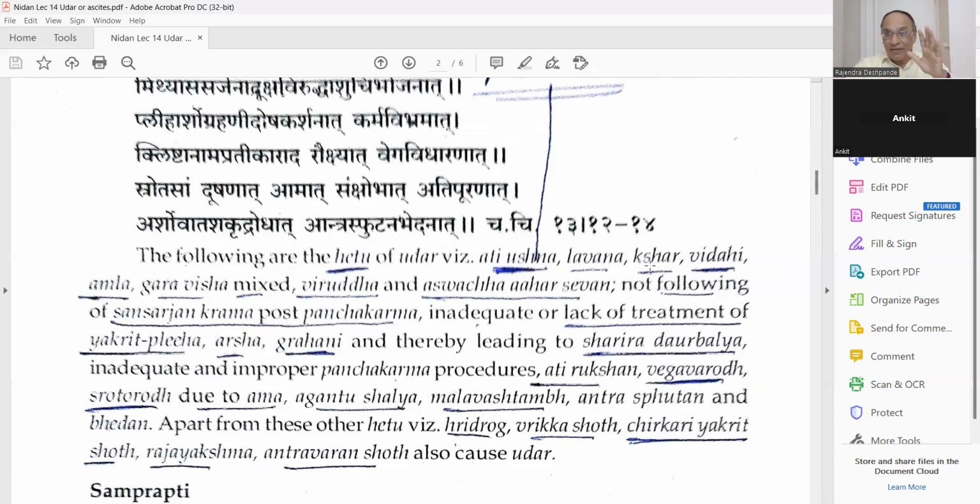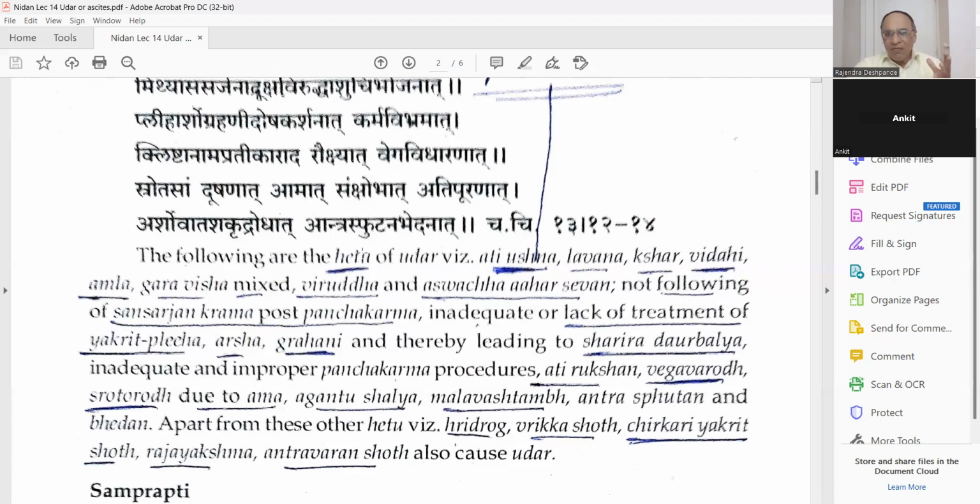So this is very bad. Then kshar, vidahi, amla, sour food substances, toxins, garvish, viruddha, and ashuchi, unhygienic foodstuffs.